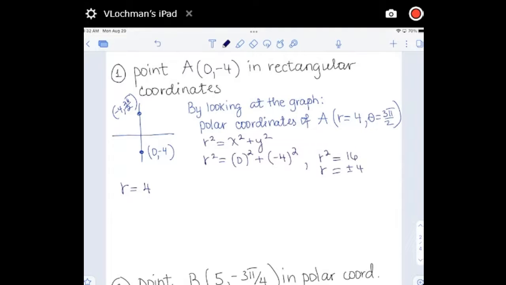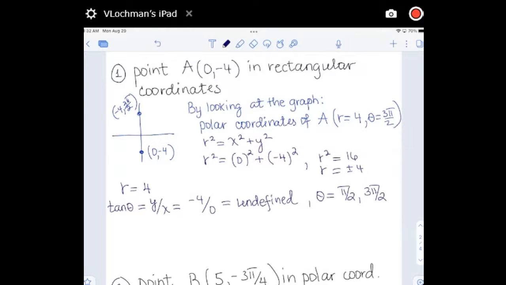So now, how do we find that angle? We know that tangent of theta is equal to y over x, negative 4 over 0. That's undefined. Now you say, where's tangent undefined? So theta is either pi over 2 or 3 pi over 2.